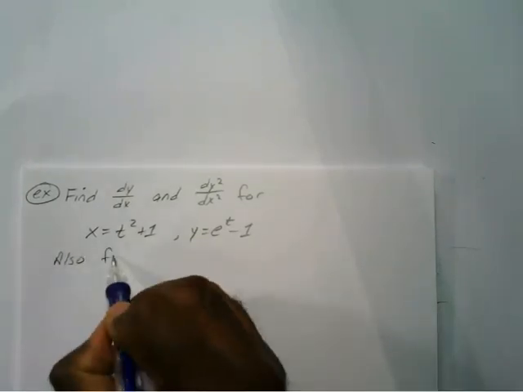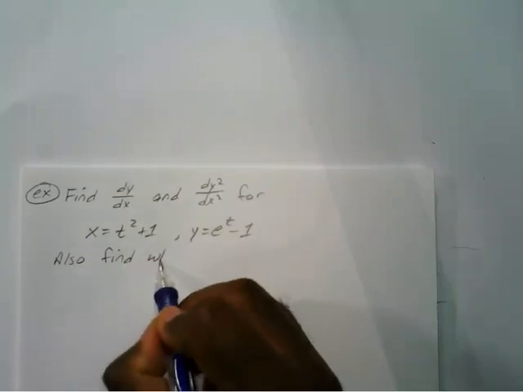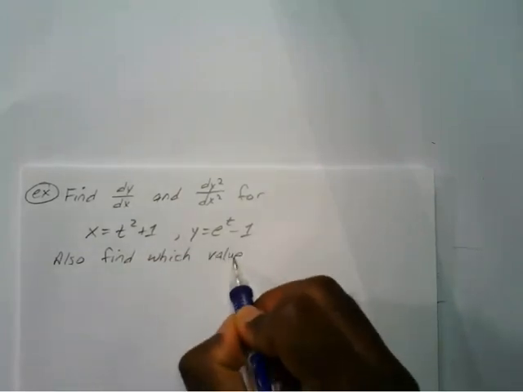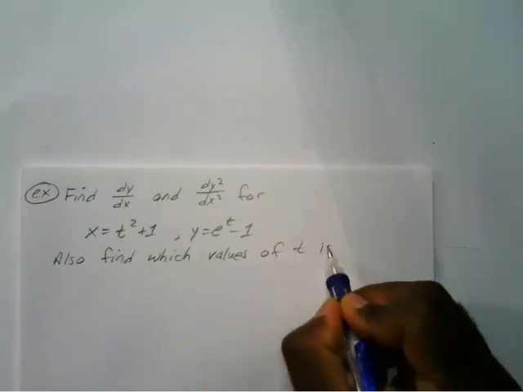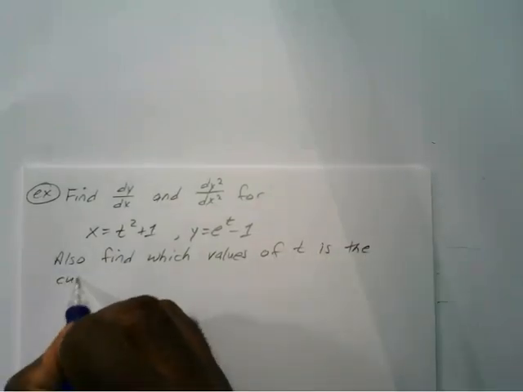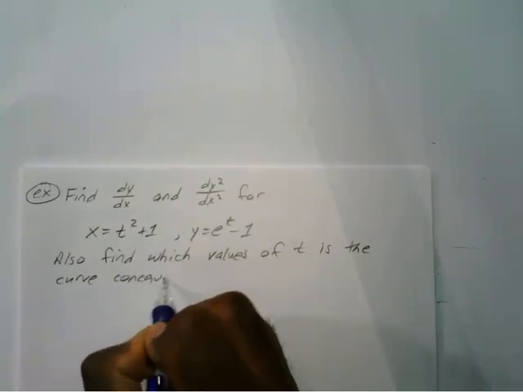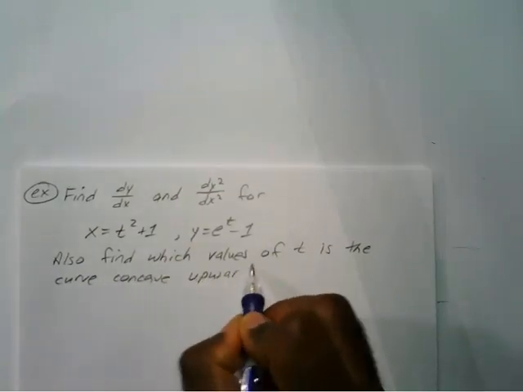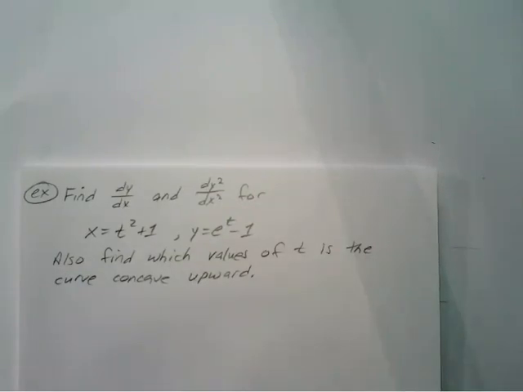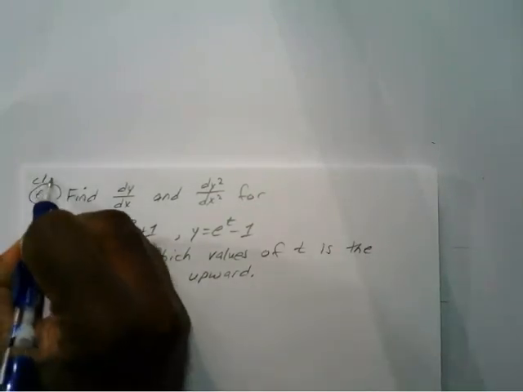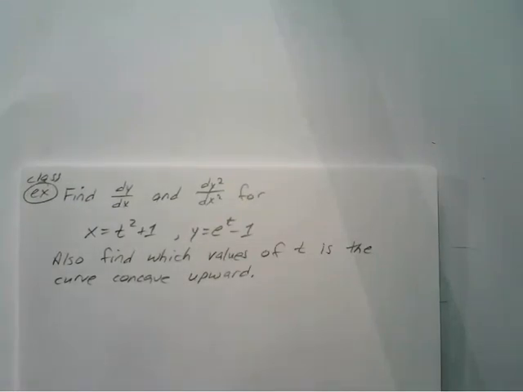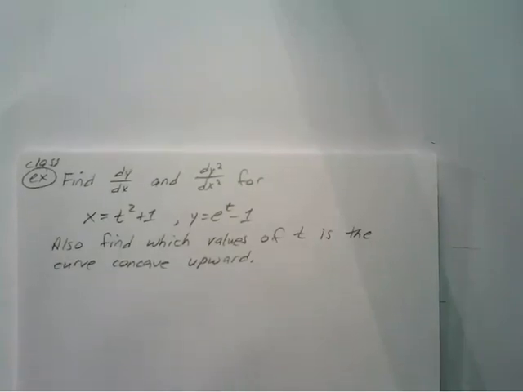And also find for which values of t the curve is concave upwards. Okay, so what I want you to do is press pause and try to solve this one on your own.